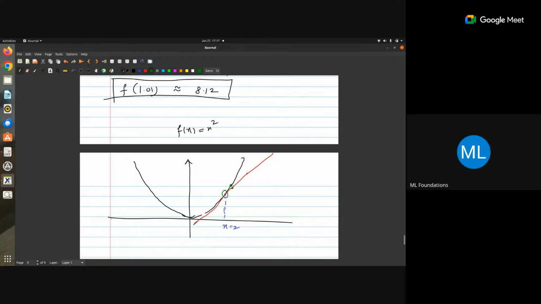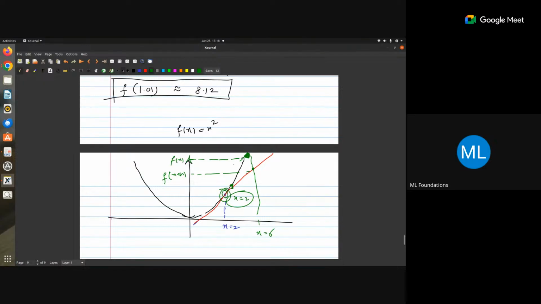This is the function's value, so there is a difference. That's why we say approximate value. But if I use the approximation around x equals 2 to find the value at, say, x equals 6, the actual value is somewhere here, but with the approximation you will get this value. This is an approximate value, but the actual value should be here, right?